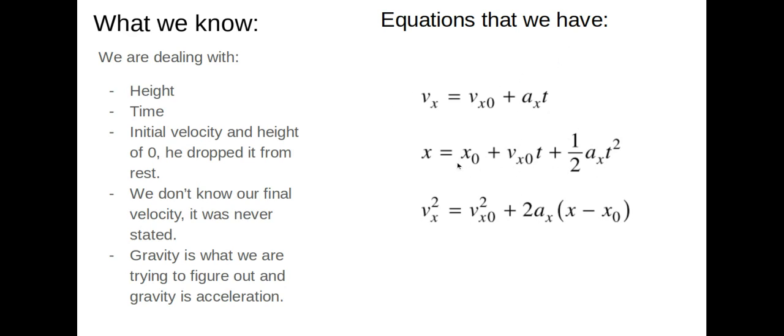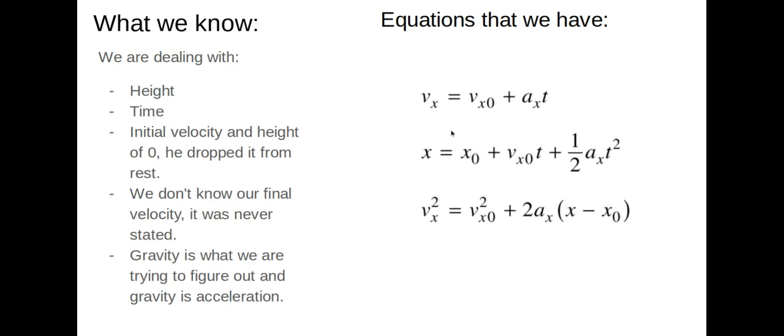You'll have to wrap your head around the idea that x does not stand for x, as in what we're plugging in, but x stands for position. Here is my final velocity, initial velocity, acceleration, and time. But in this one, final position, initial position.